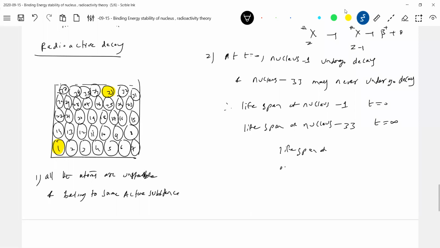Sir, can we identify which particular nuclei will not undergo decay? You said 33. We can't find out which will undergo decay now or later. Now at T equals 0, it is formed. After 1 day, whether the 19th nucleus will undergo decay, we don't know that.